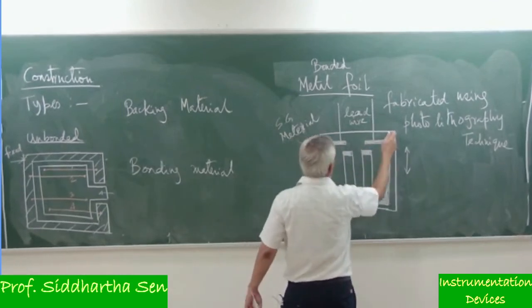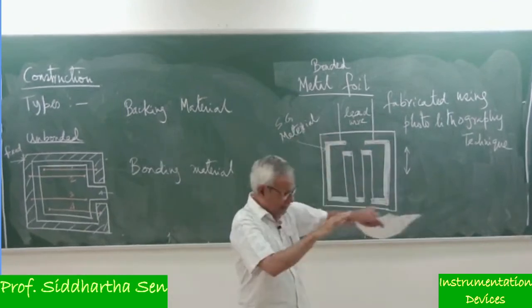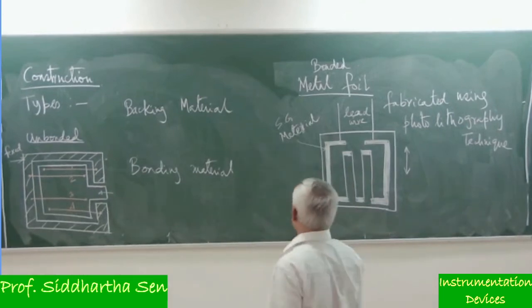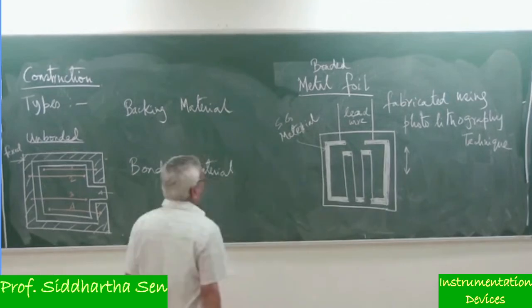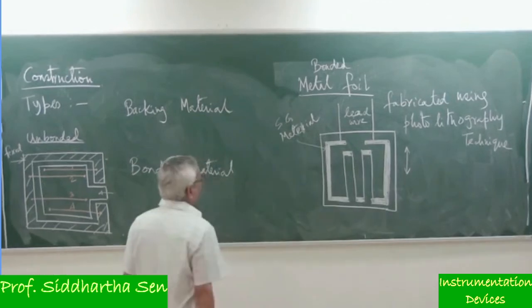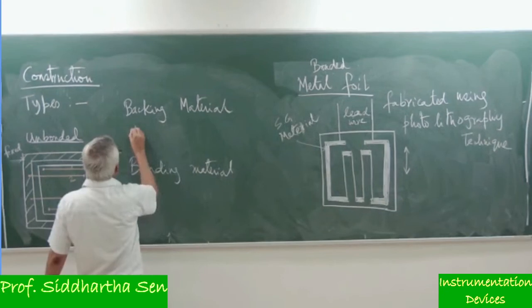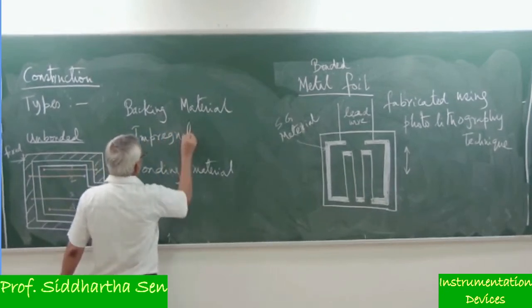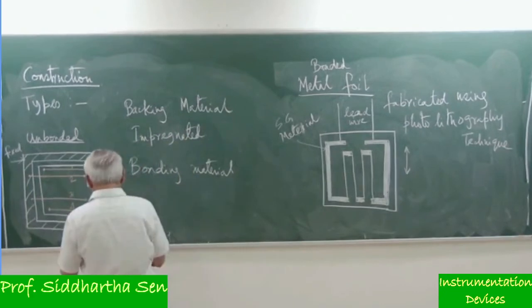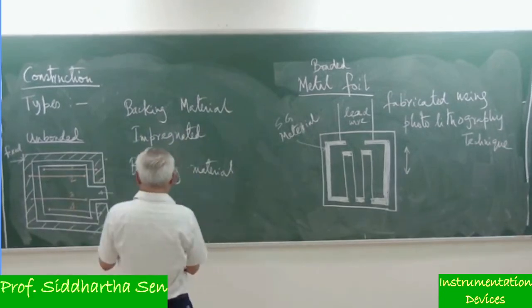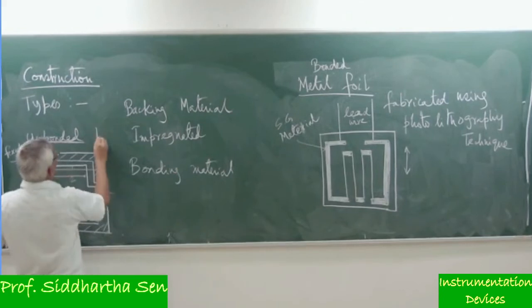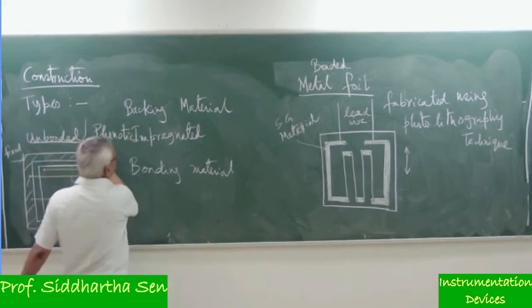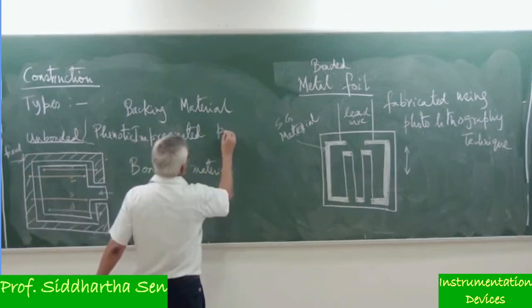This is the backing, wherever the strain gauge is fabricated. So one more important point, it is normally called phenolic impregnated paper.